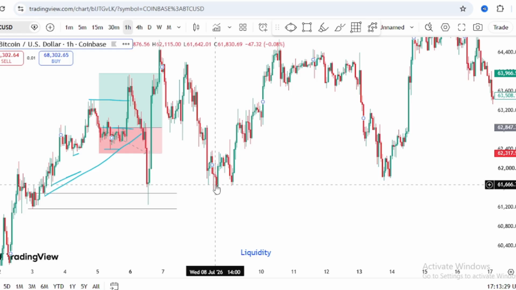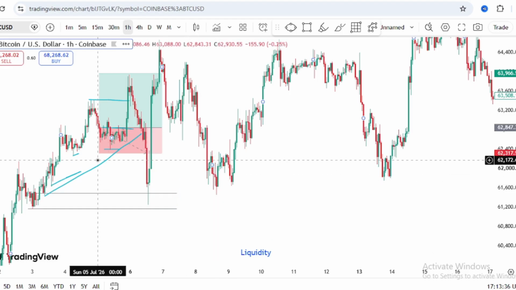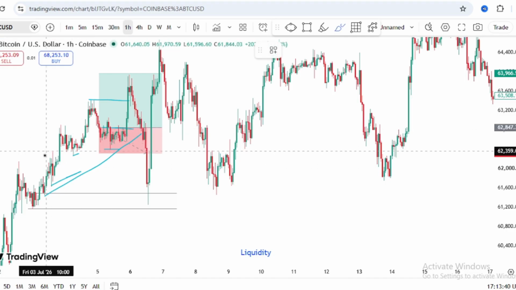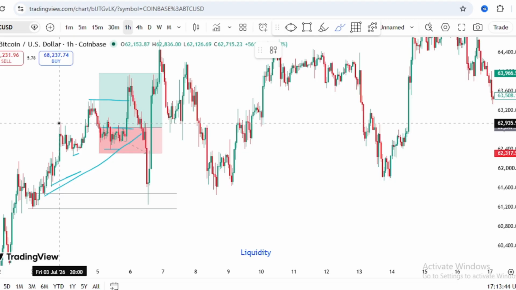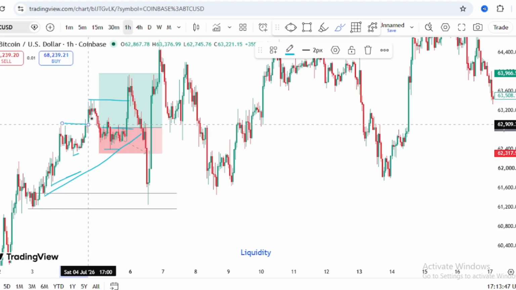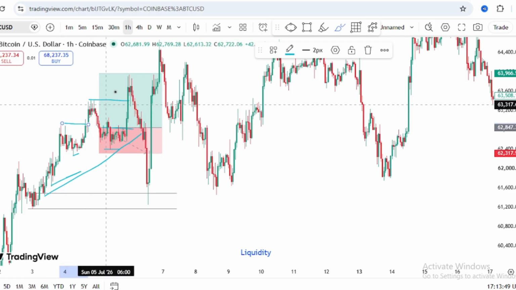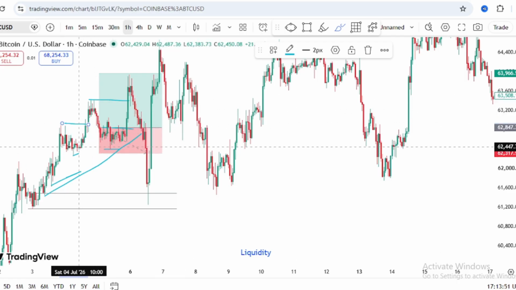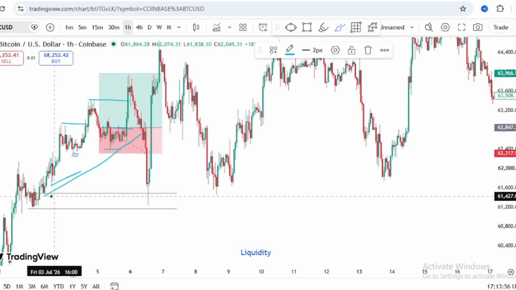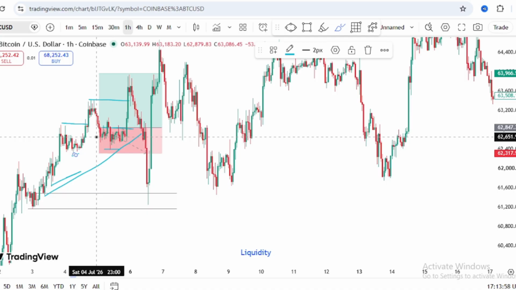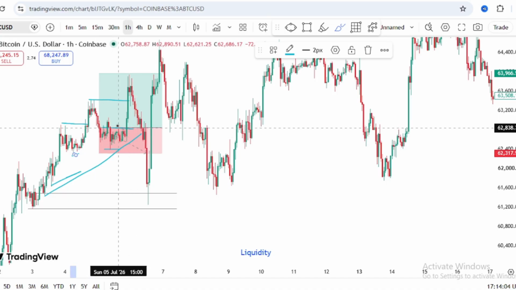What is liquidity? Liquidity simply means areas where many stop losses and pending orders are sitting. Just like in these places we've pointed out, as you can see here, there is a break of structure here, and break of structure traders entered trades and placed their stop loss below these lows without putting in context the strategy of liquidity.